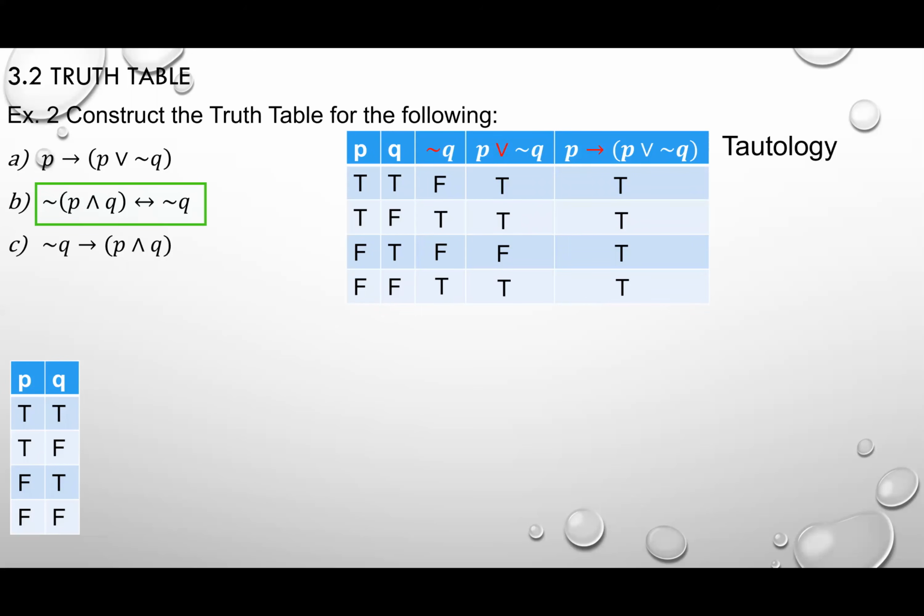Whatever we need to do, we have to do inside the parenthesis first. So don't worry about this item here. Do you agree that inside my parenthesis, my connector is the and statement, the conjunction?